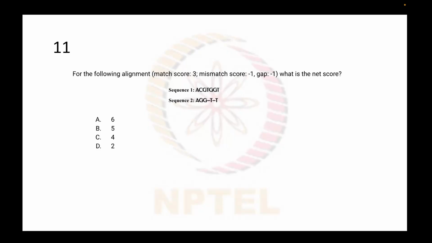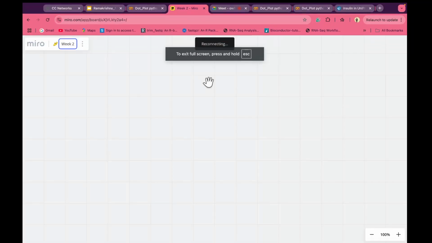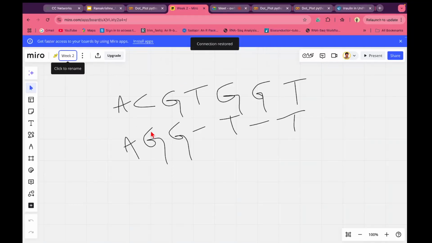So consider the match score as 3, mismatch score as -1, and the gap score is -1. Okay, let's move on. So this is the given alignment.